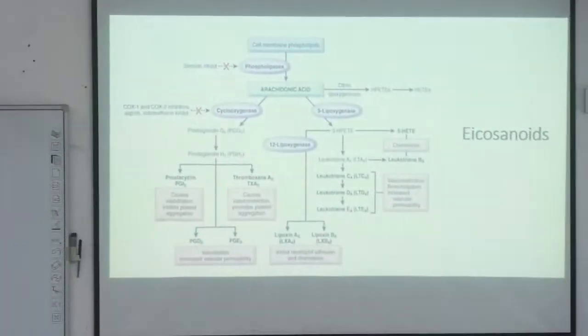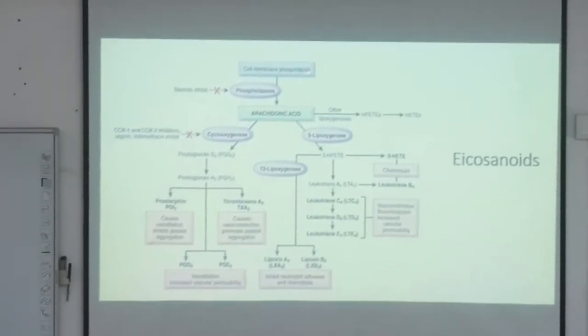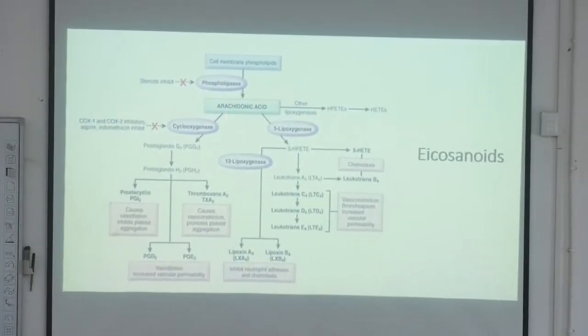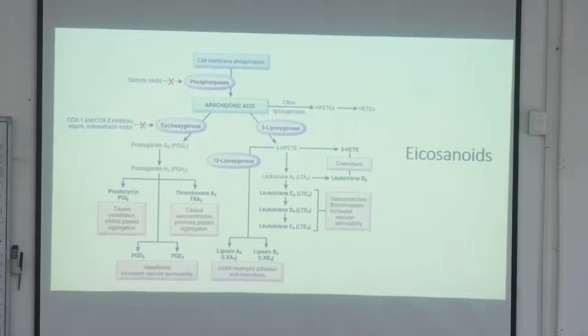So, how do they form? They are cell-derived, from cell membrane phospholipid. By the action of phospholipase, the formation of arachidonic acid occurs. The cell has a lipid bilayer.